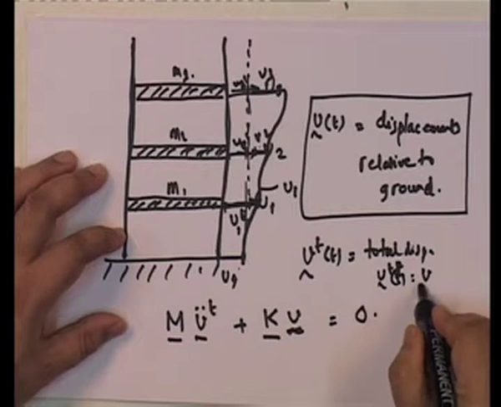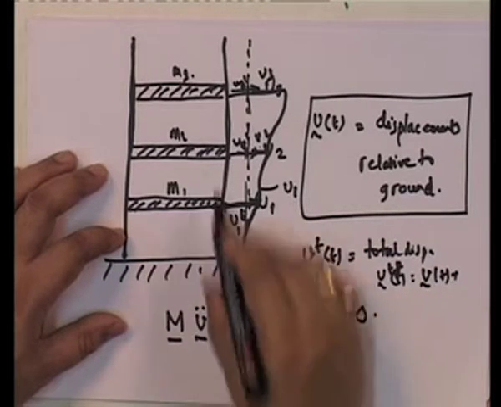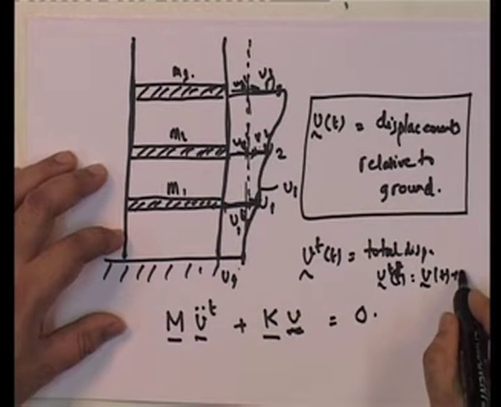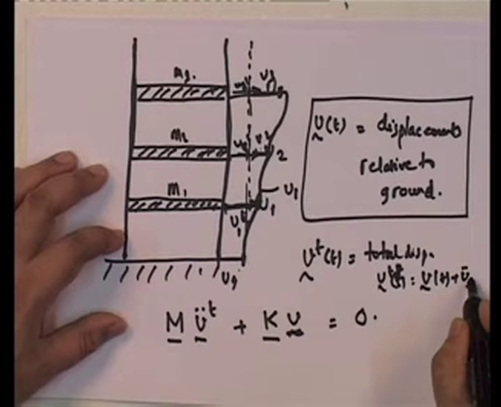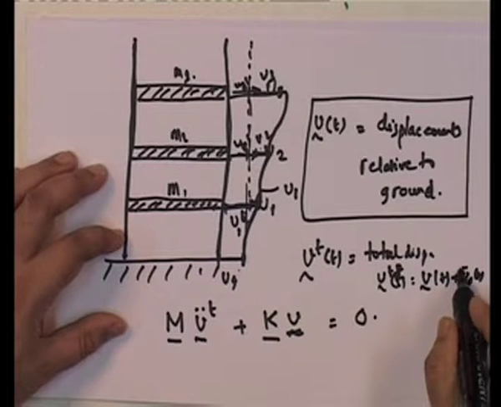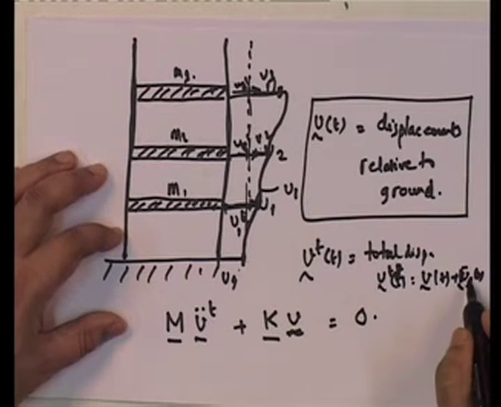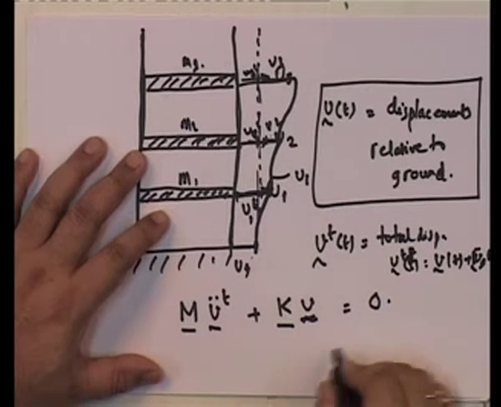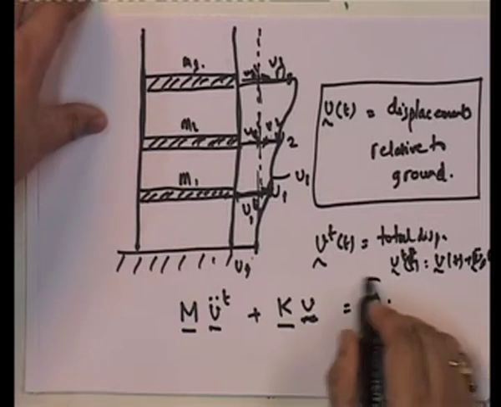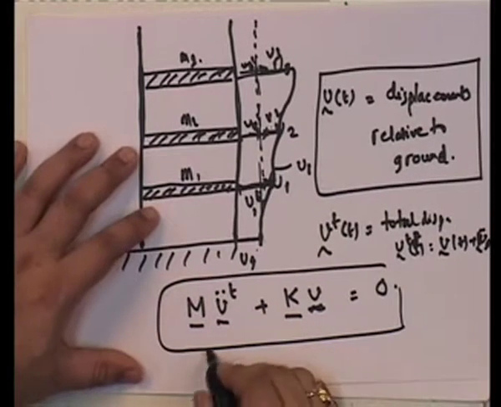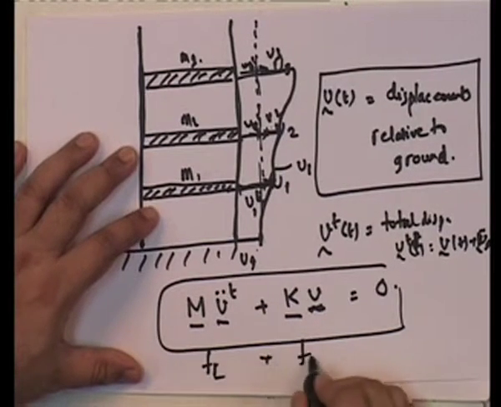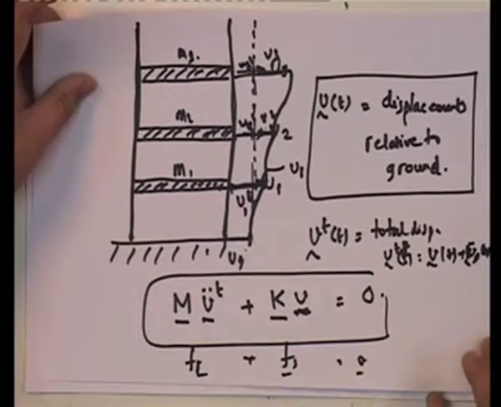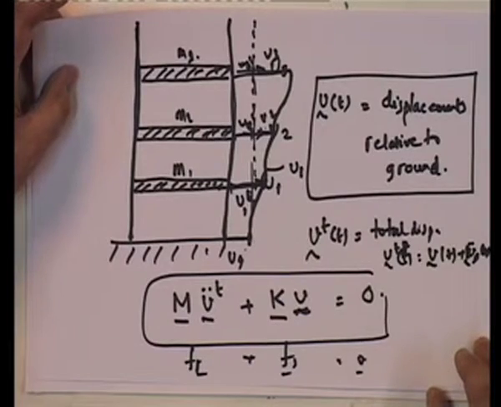It is equal to the relative plus V g of t, but into 1, right, because V g of t is a scalar. So, it has to be 1. So, now this is the equation of motion, because this is the inertial force and this is the spring force and this is equal to 0. We are assuming that there is currently no damping.